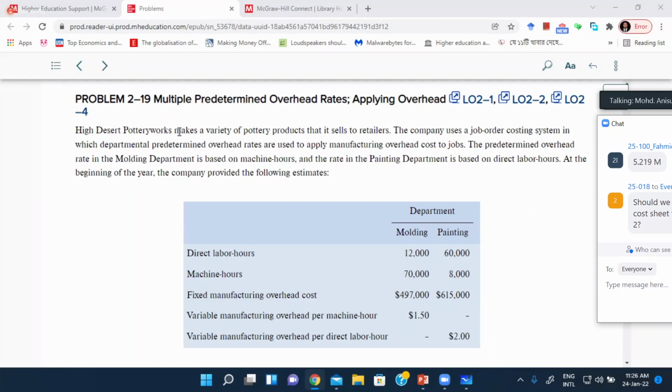Okay, High Desert Pottery Works makes a variety of pottery products that it sells to retailers. The company uses a job order costing system in which departmental predetermined overhead rates are used to apply manufacturing overhead costs to jobs. Remember, it has explicitly mentioned that it uses departmental predetermined overhead rate.